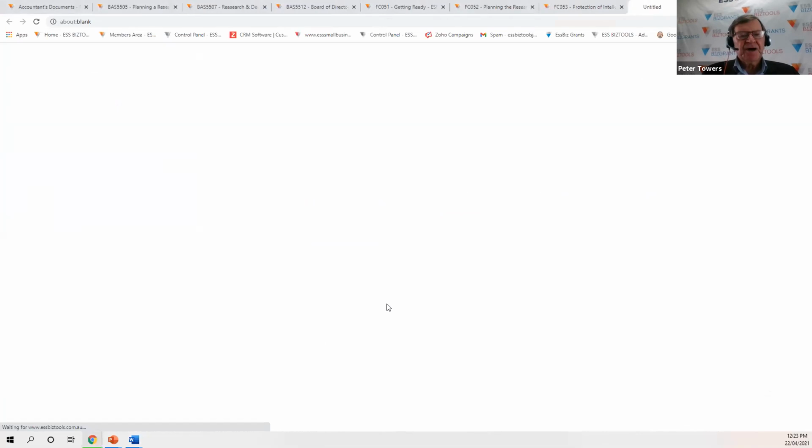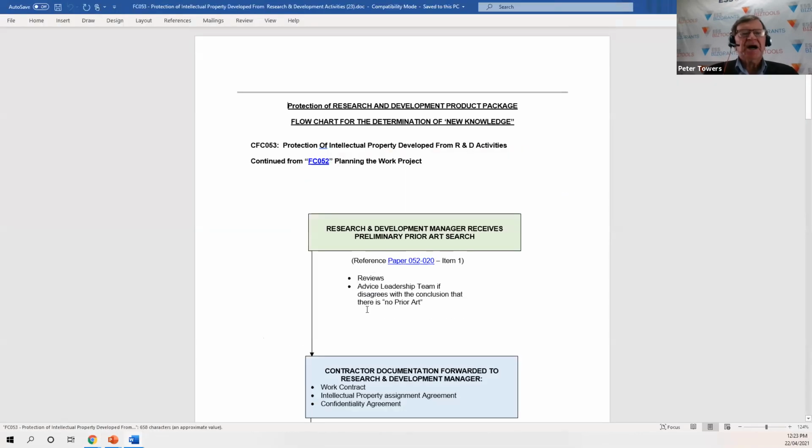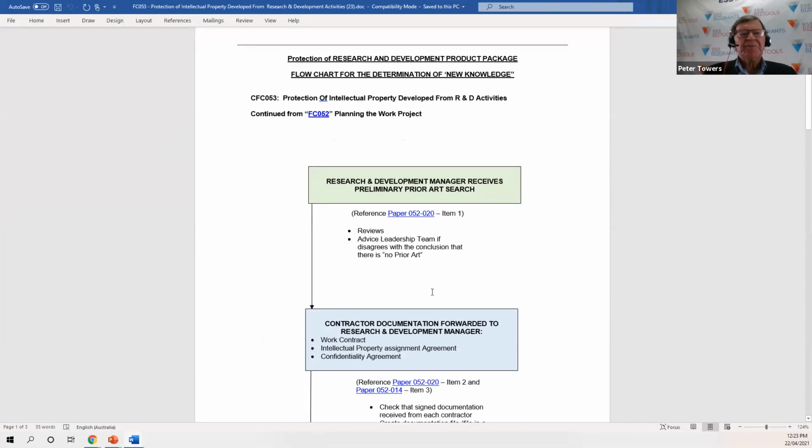The next flow chart is on intellectual property. Now, this is not part of the tax office or AusIndustry requirements, but again, it's very important from your client, the company, to make sure that appropriate consideration is being given within the system to determine whether the knowledge that's being developed is being protected.